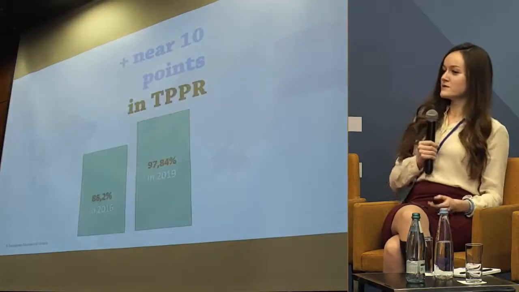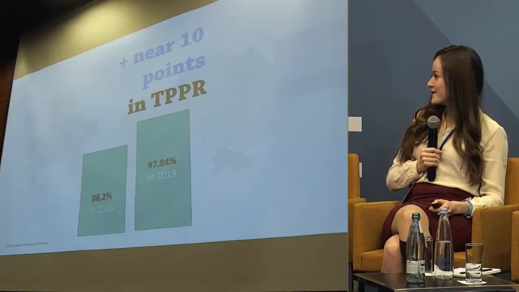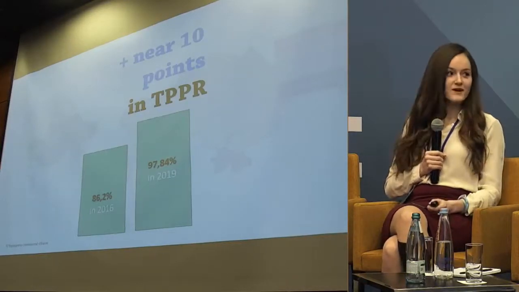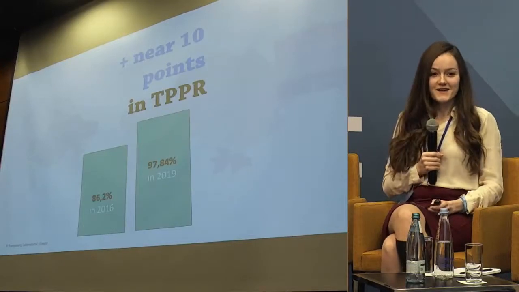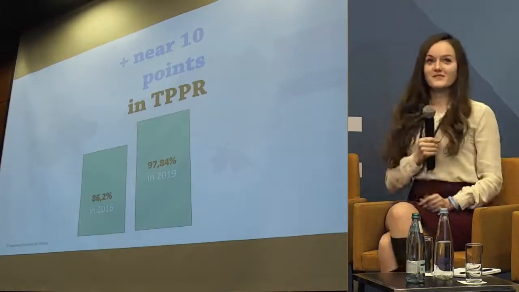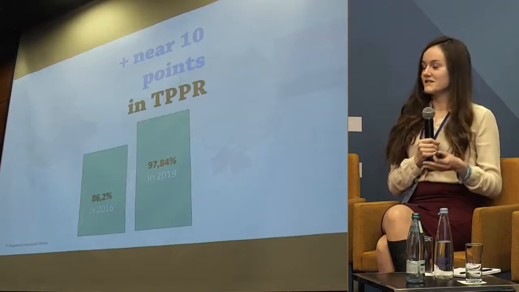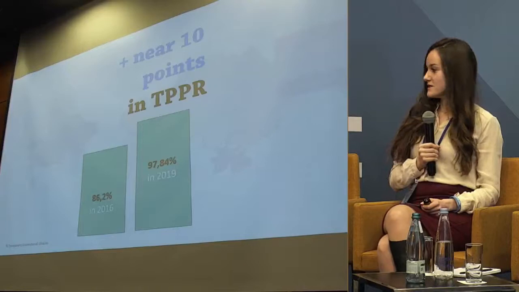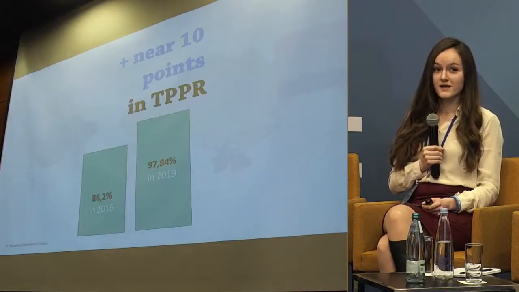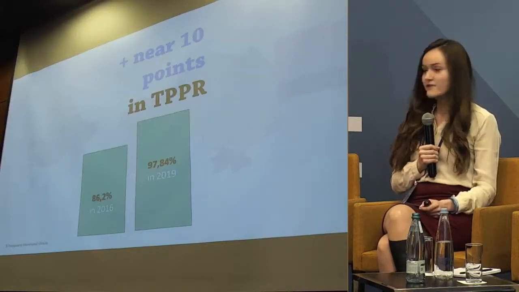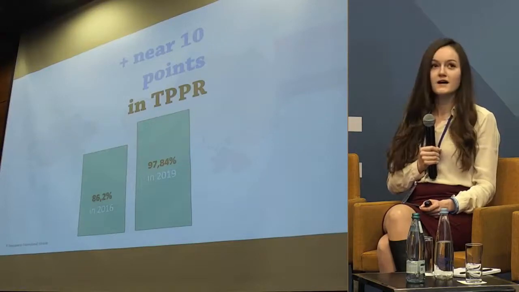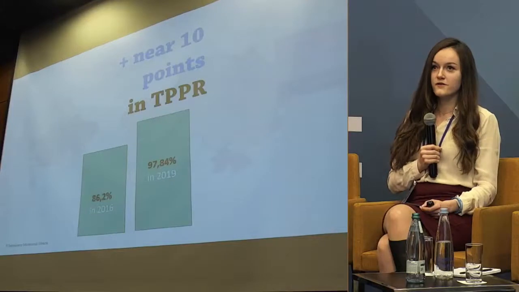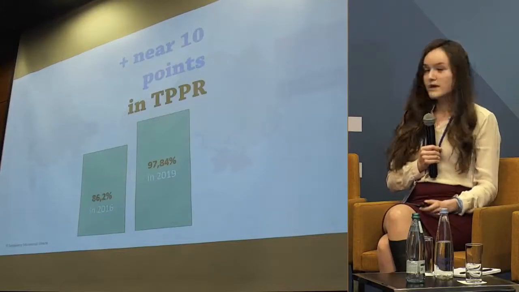Before this panel, we decided to make a new assessment according to TPPR. In 2016 we had 86.2%, and it gained to 97.84% because there were a lot of changes in the legislation and a lot of changes in the e-system.